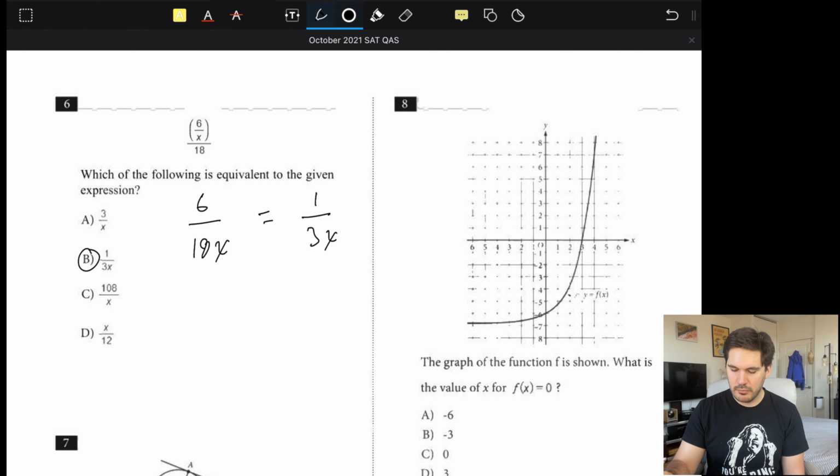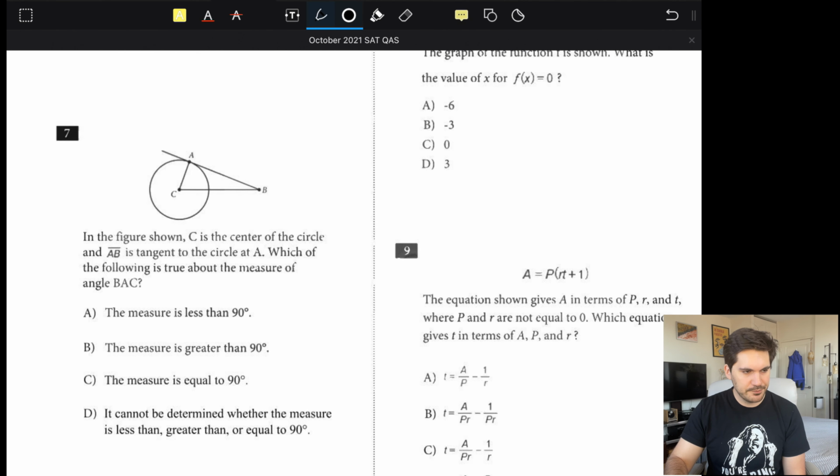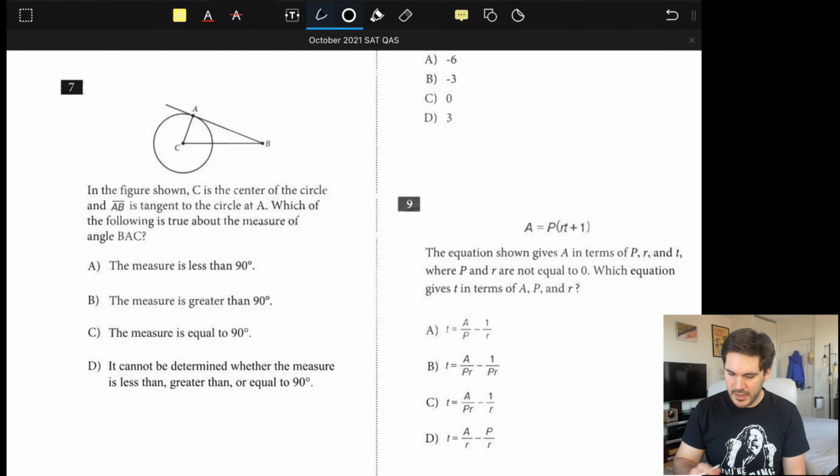Cool. Number 7. In the figure shown, C is the center of the circle, AB is tangent to the circle at A. Which of the following is true about the measure of angle BAC? So BAC is this angle right here. And the reason I put a little square there is because it's a 90-degree angle.